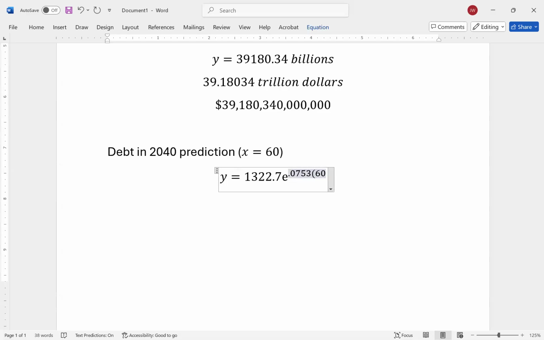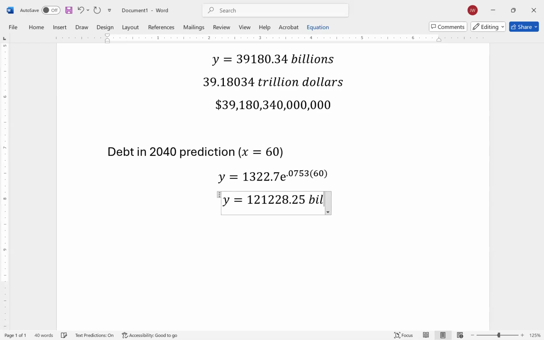So I just replaced the exponent that was 45, or the piece of the exponent that was 45, with the number 60. And I end up with Y equals 121,228.25 rounded to 2 decimal places.